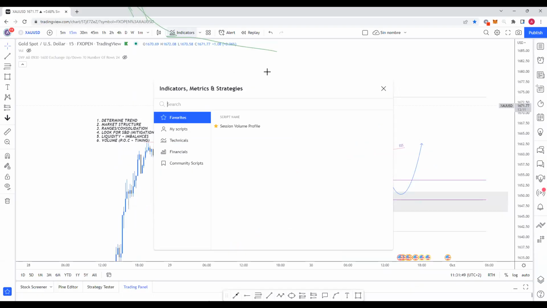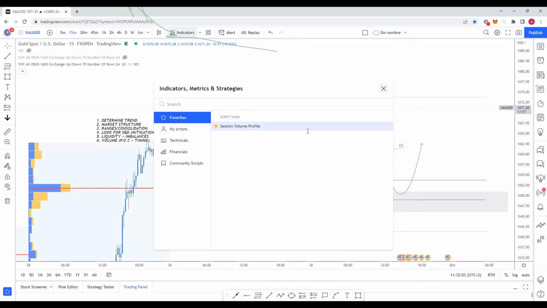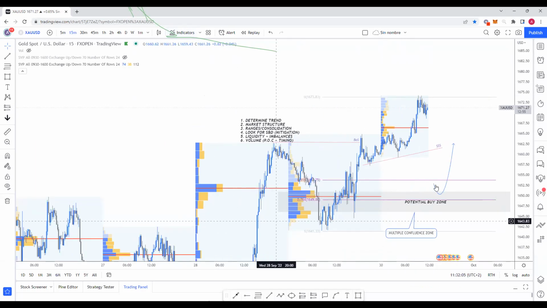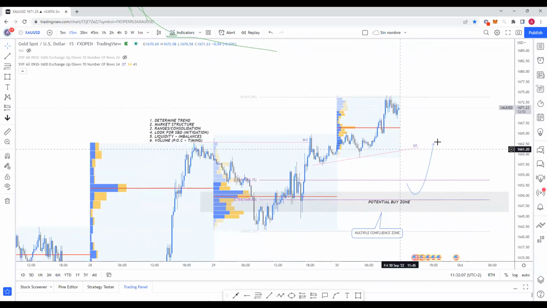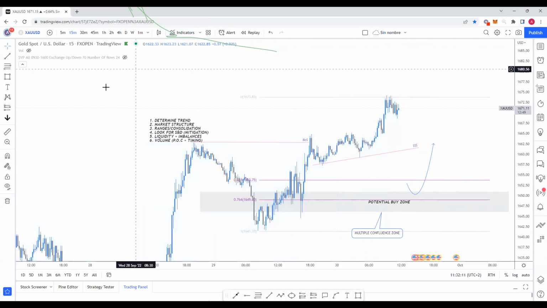I'm not sure why it's different. Go into the indicators and look for session volume profile, okay? And you add it. I think you need to be premium to have access to this indicator, but this is the one, okay? And the settings in terms of the data input and output are exactly the ones that come, okay, once you add it.